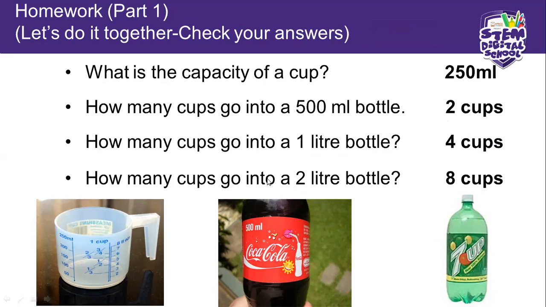Remember, the easiest way to do it is just to add them up. We know that 500 milliliters and 500 milliliters give you 1 liter. So it means that it's 2 cups plus 2 cups, it gives you 4 cups. If you want to experiment at home, you can do it.